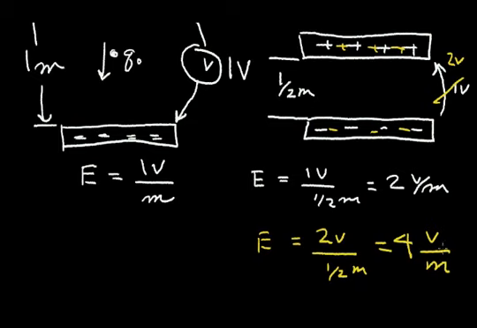So let's investigate this electric field and the effect that it has on the MOSFET transistor. From the previous video, recall that the MOSFET transistor has a gate electrode, and below the gate electrode is an insulating material, and below this insulating material is silicon.